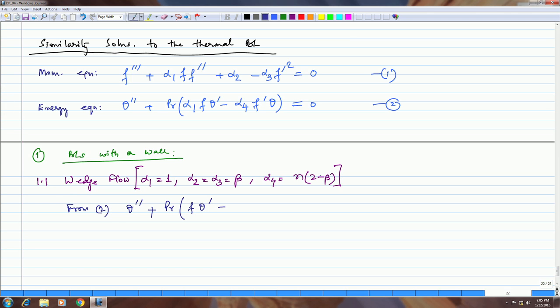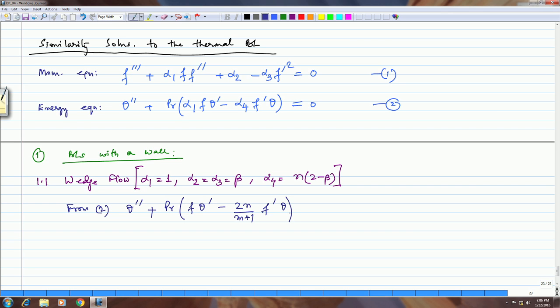So we can write basically the connection between n and beta. So we can write 2n, alpha 4, f dash theta.